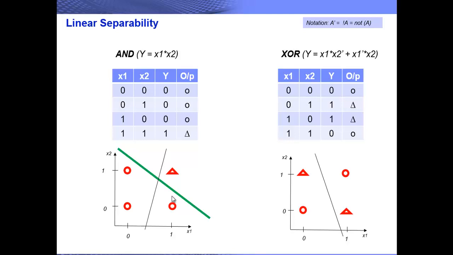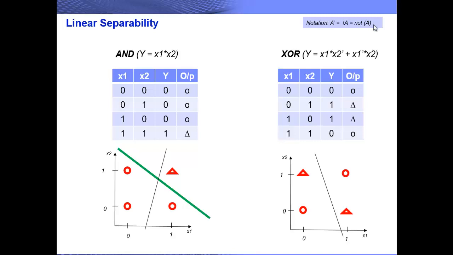Now another problem is just the notation, for the people who did not have digital electronics. It is like a bar you write, or in a programming language an exclamation mark before A, that means not A, or we even write "not A".